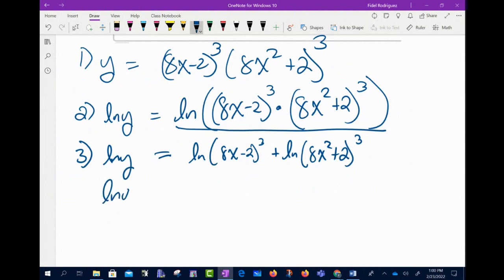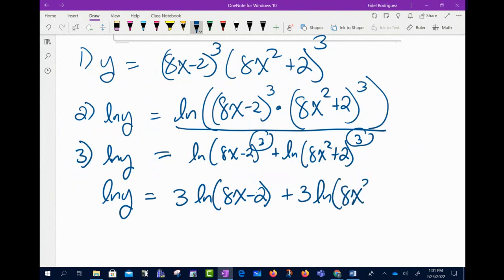I'm still on step 3, y'all. We're going to continue to expand this thing out. The way we expand this part out now, still using properties of logarithms, is that those exponents will move down to the front, and I don't have those powers anymore.